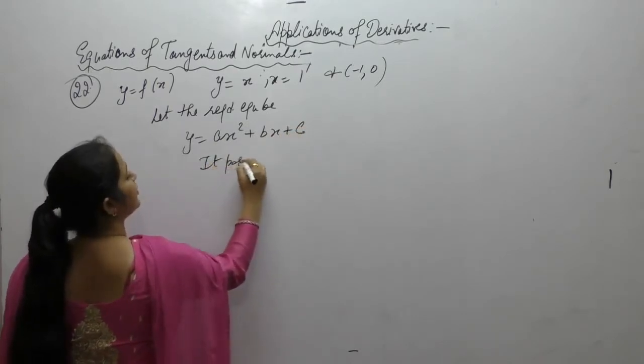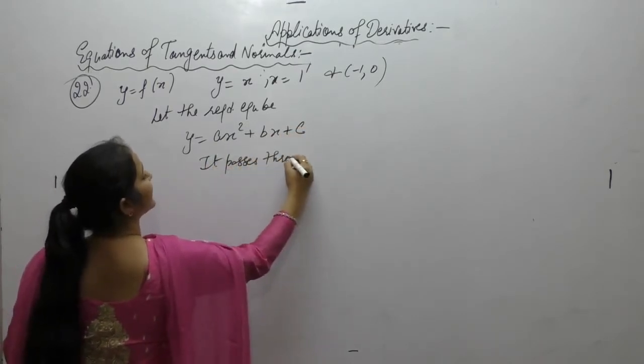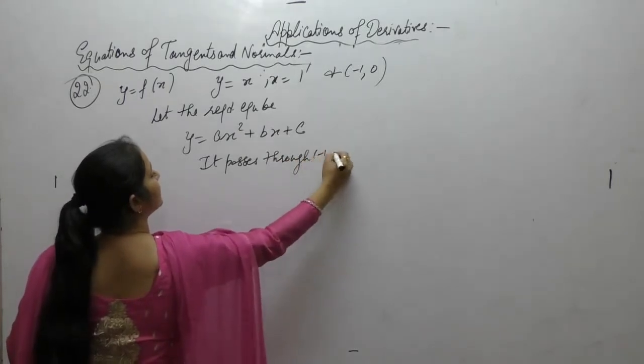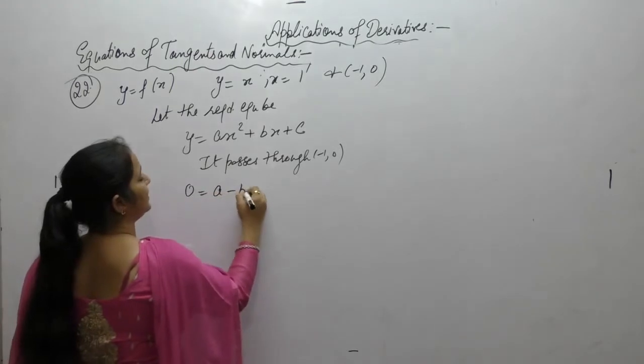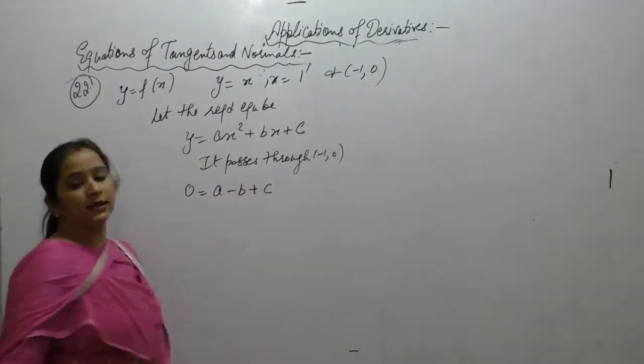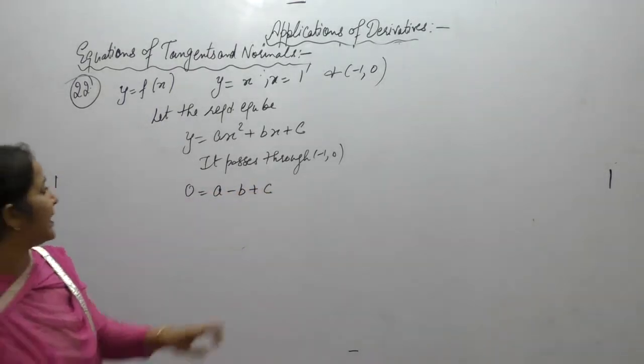It passes through point minus 1, 0. Put the value, x is minus 1 square. So we get this equation: a minus b plus c is 0.